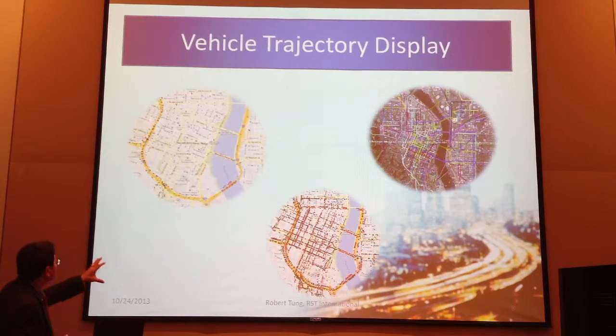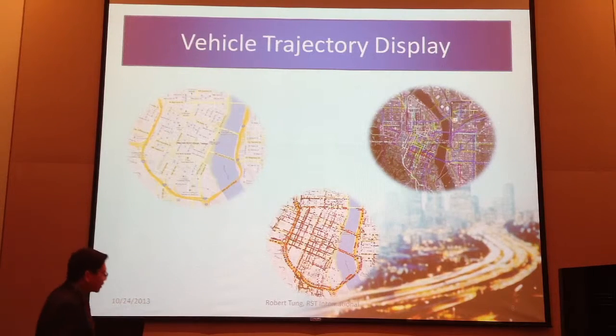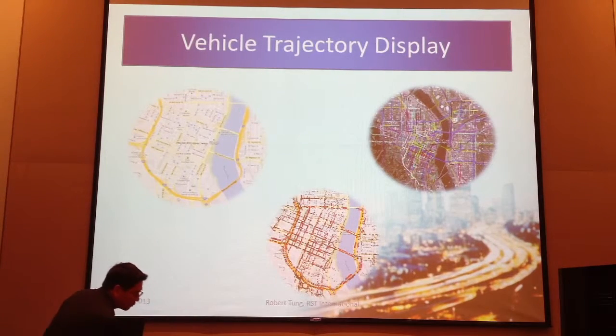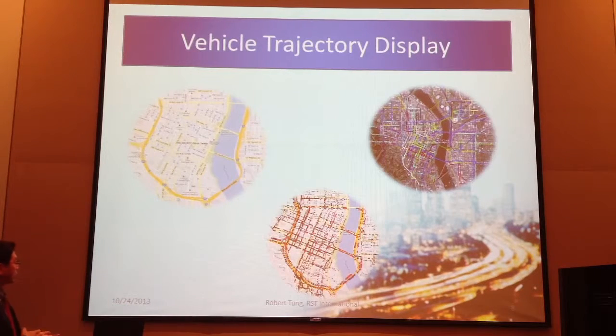This kind of visualization gives the modeler a good way to diagnose the data, whether maybe there's a coding error, or maybe we missed a signal somewhere that caused the slowdown. And you can see the whole region in this kind of map.